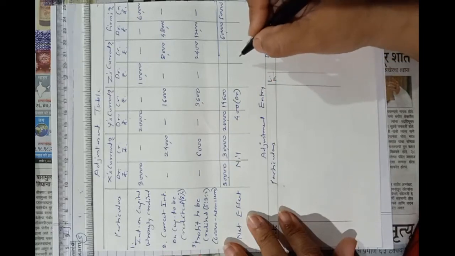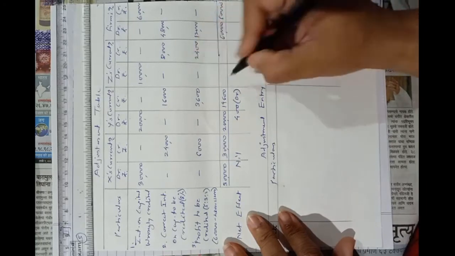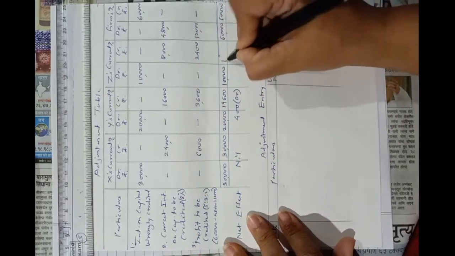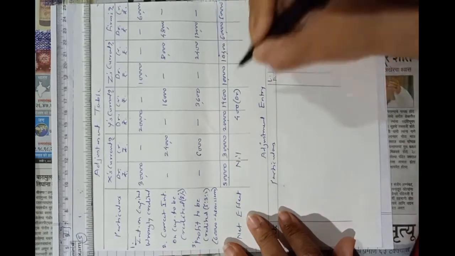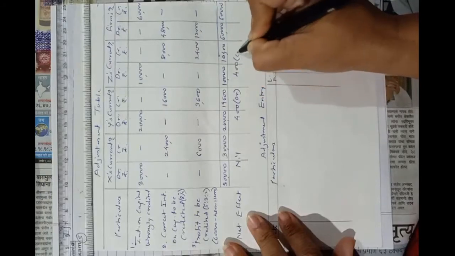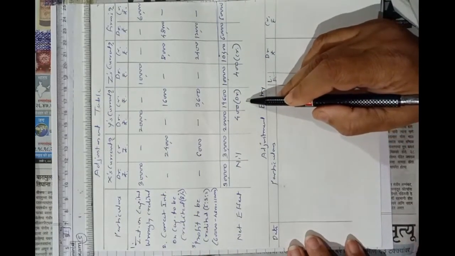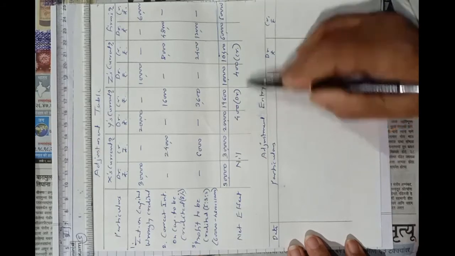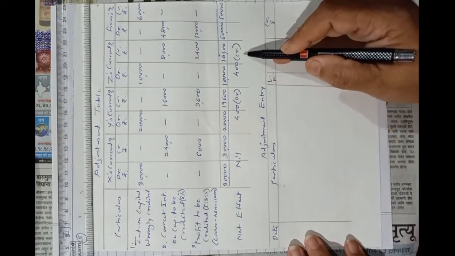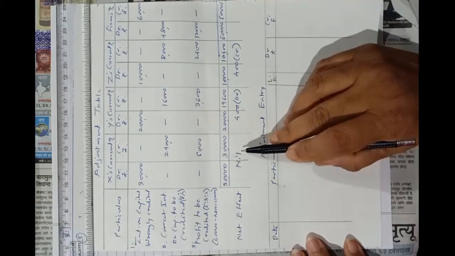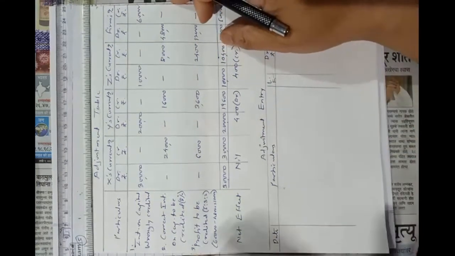Now in case of Z, debit total is 10,000, credit total is 10,400, so it is 400 credit. So we have to debit Y's current account by rupees 400 and Z's current account will be credited by rupees 400. There is no effect on X's current account due to this change.